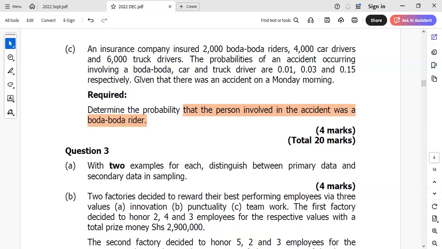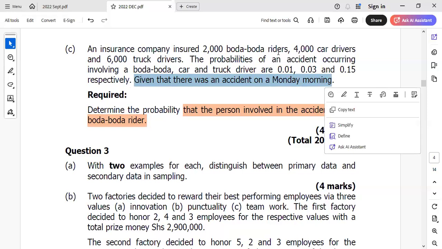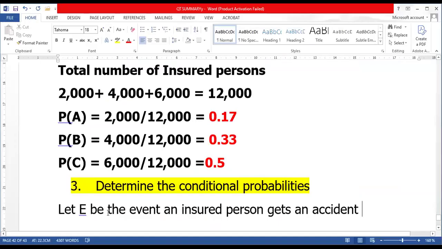Because here we are told that given that there was an accident on a Monday morning, okay? So we are going to say that let E be the event an insured person gets an accident on Monday morning.